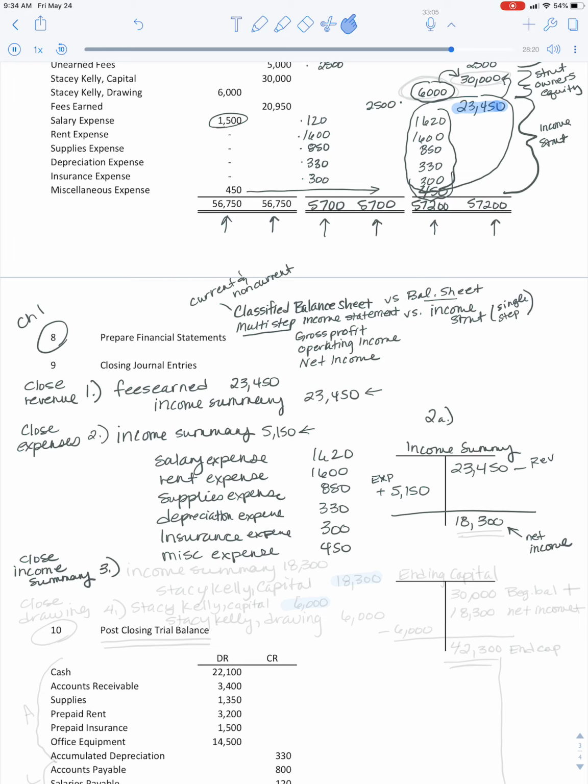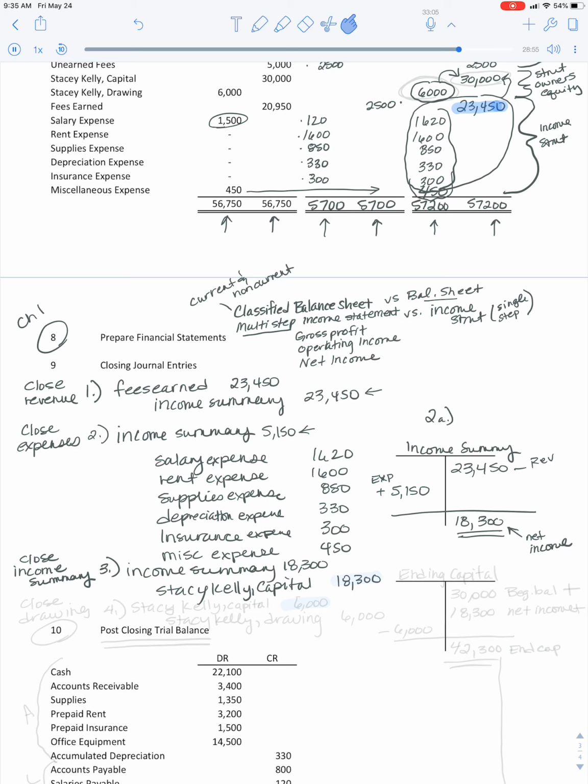So step 1 and 2, we figure out what is income summary, what is net income, and then we're going to close it to capital. So our income summary is a credit balance of $18.3. So we're going to debit it to make it 0. And our capital account is Stacy Kelly Capital, and we're going to credit that for $18.3.